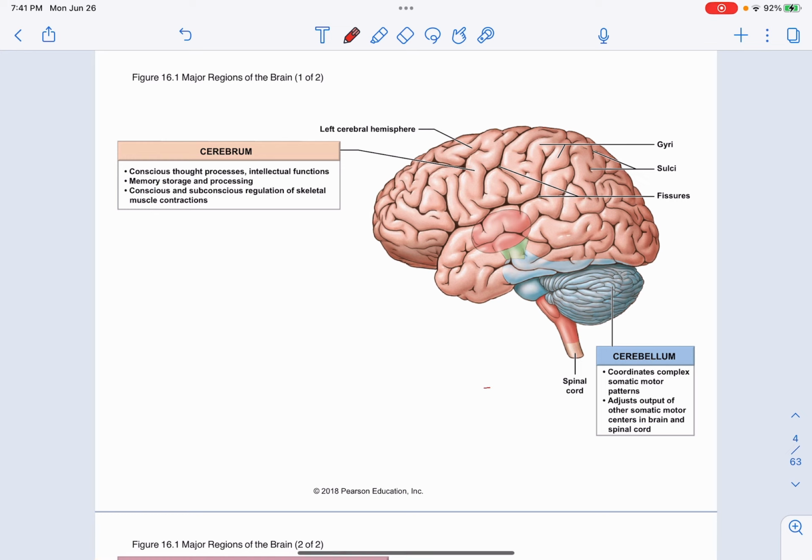So you can see here is where the spinal cord would start. This is considered the medulla oblongata. The pons is here. The midbrain, that's here in green. So I'll just write these here for you. Medulla oblongata. I think I have another slide that shows all of this too.